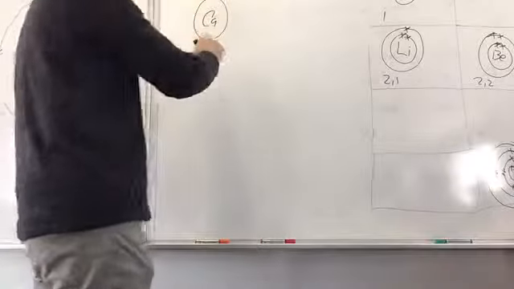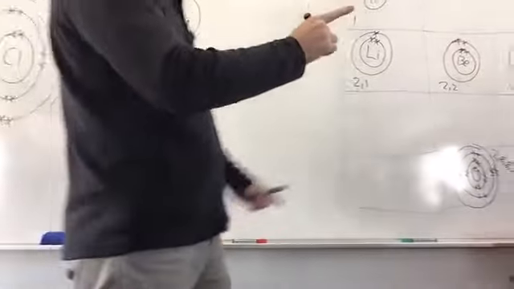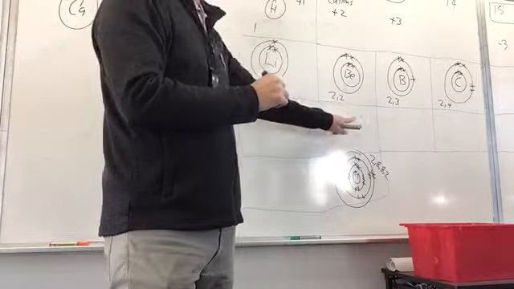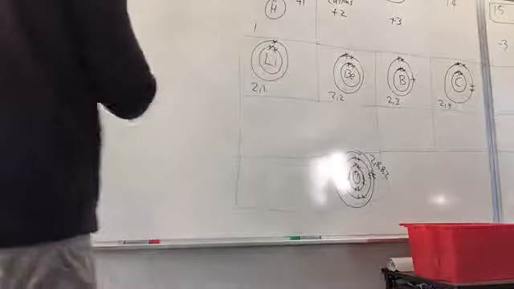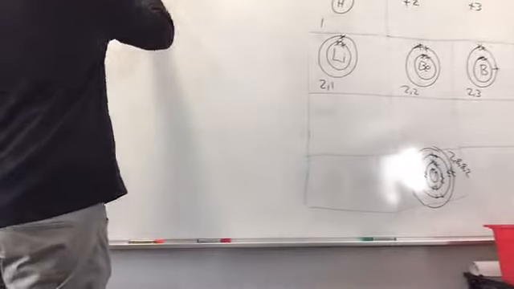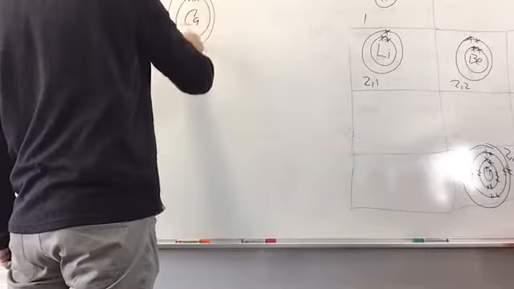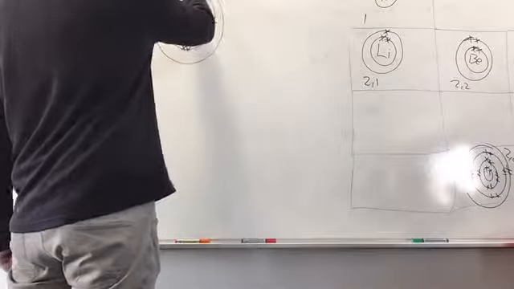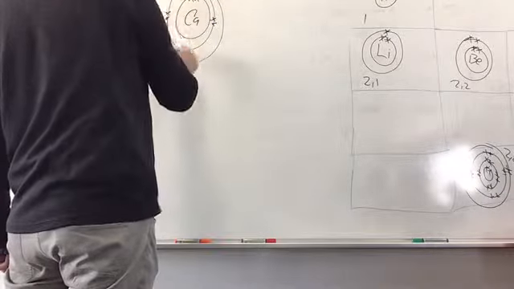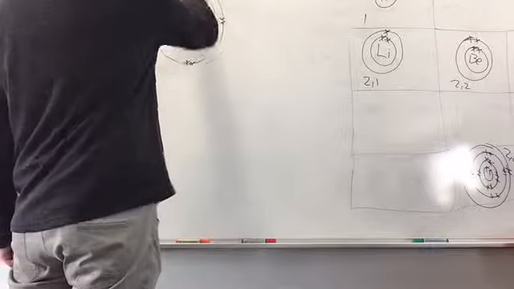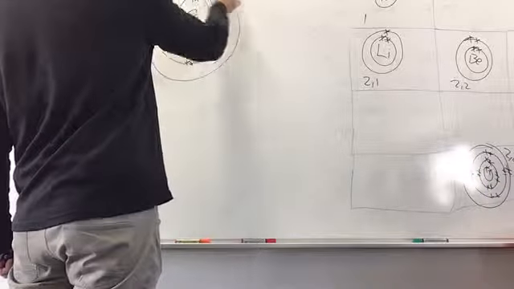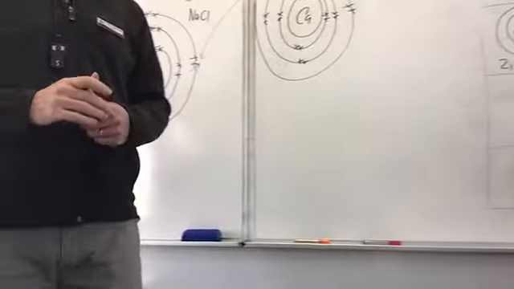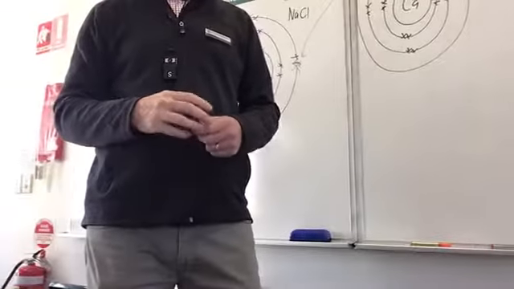So calcium is in group 2, period 4. Okay, so we've got an electron configuration that looks like that. What does it want to do, how does it get a full electron outer shell?